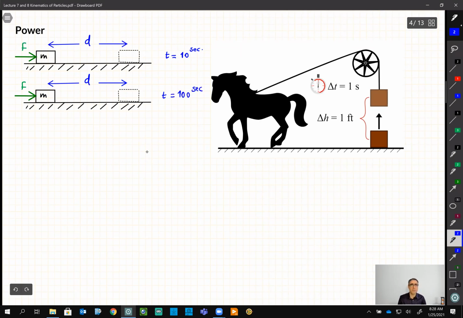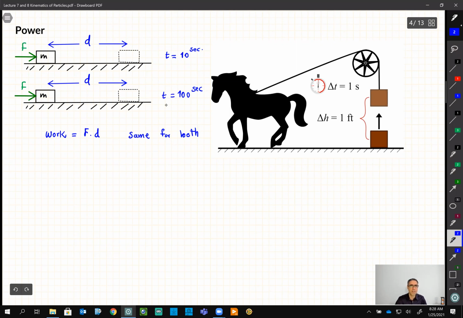Is there a difference between these two? Let's take a look. The amount of work is the same, right? Work in both scenarios is F multiplied by d, the same. But somehow we need to take into account this time. We need to somehow show that there is a difference between 1 and 2.